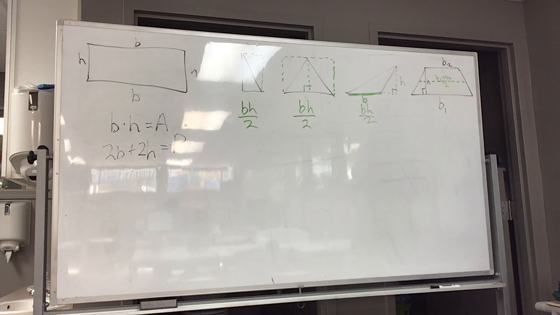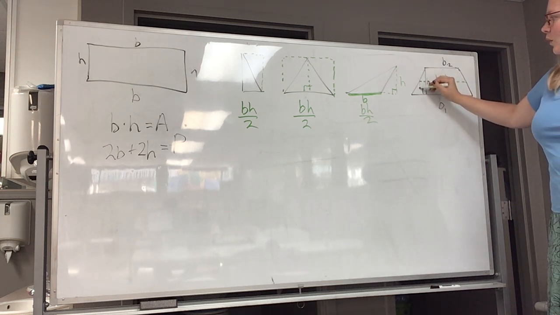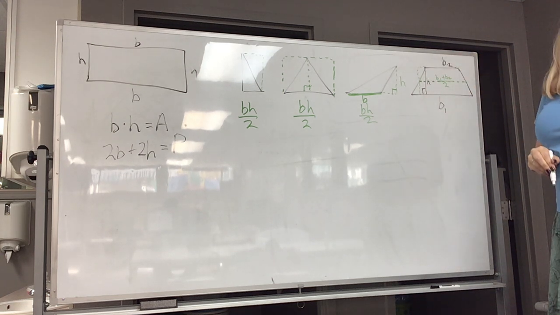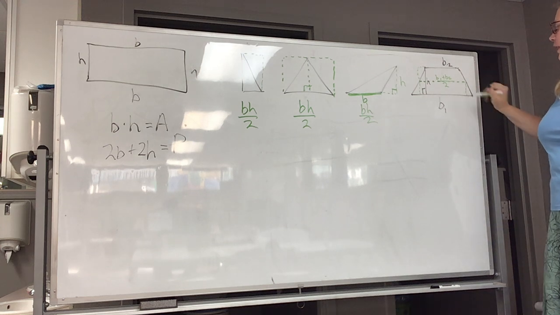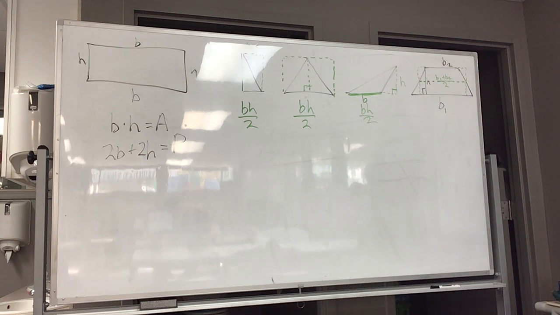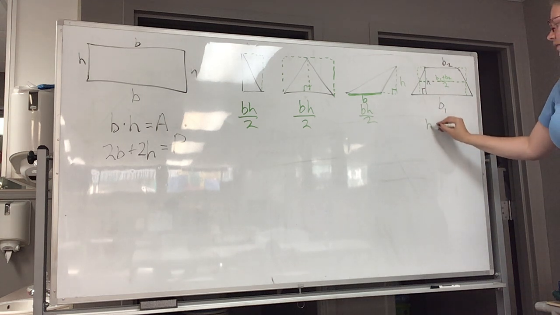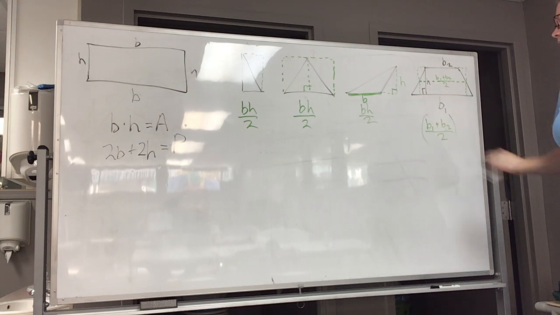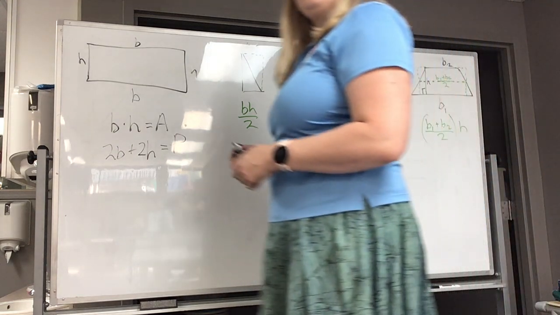Find the average. It's the exact middle. And what that means is we can cut off this little triangle here and put it up here. We can cut off this little triangle right here and put it right here. And we have literally turned it into a rectangle. The formula for the area of a trapezoid is base 1 plus base 2 divided by 2 times the height. And that's where it comes from.